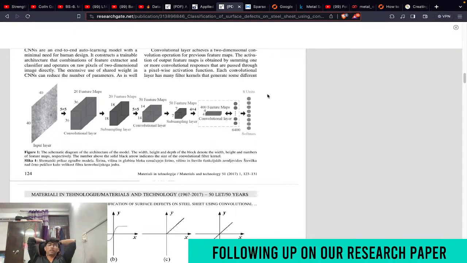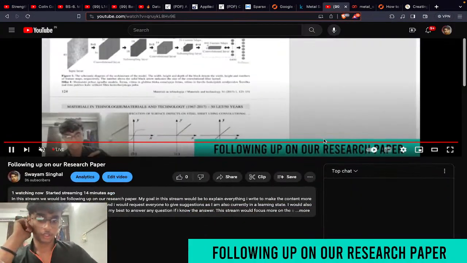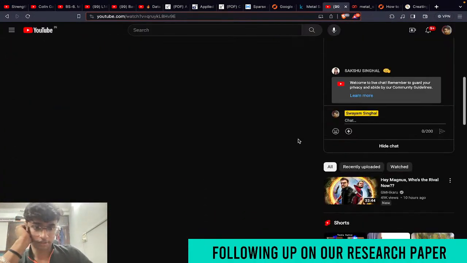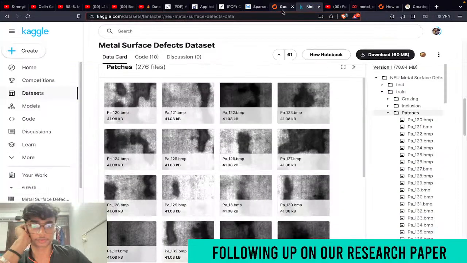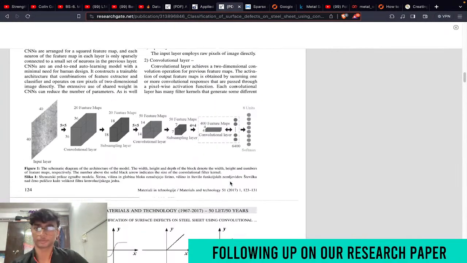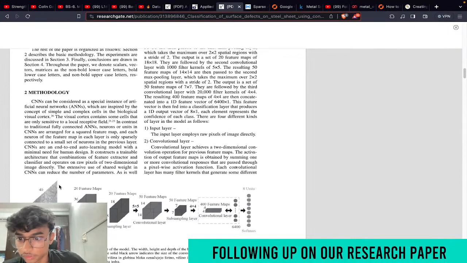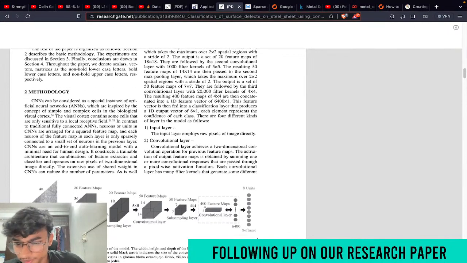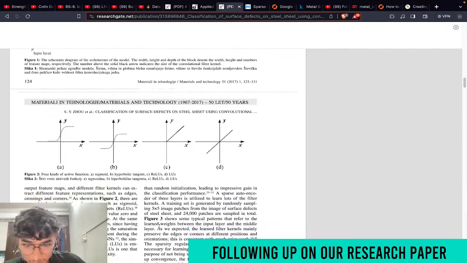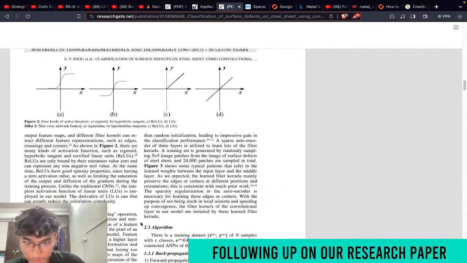Now wait a minute. Why are we using 8 units? We only have 6 classes to divide from, but we are here using 8 units. Why would that be the case? We'll have to read the paper. How can they make this mistake? This cannot be a mistake.